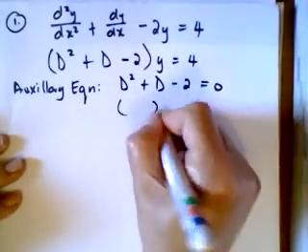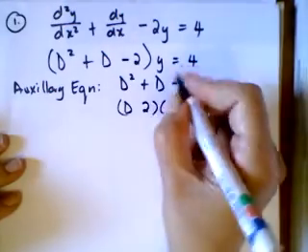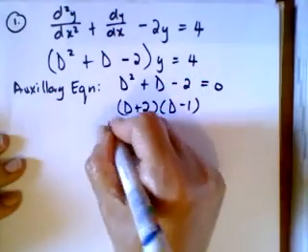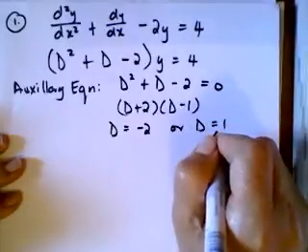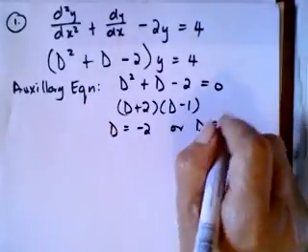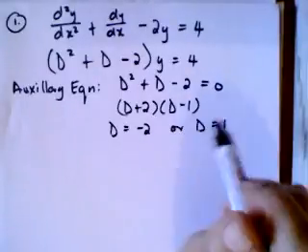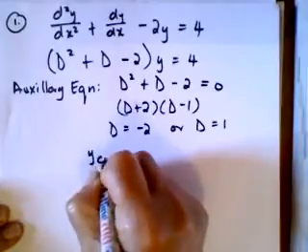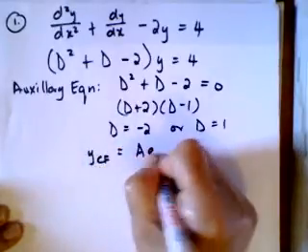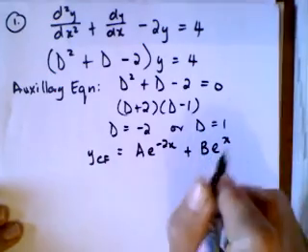And you're going to find you'll have two roots, D is going to be −2 or D is going to be 1. And you remember again from the previous lesson, you've got roots which are real and different, which means that your form for the solution is going to be Ae^(−2x) + Be^x.